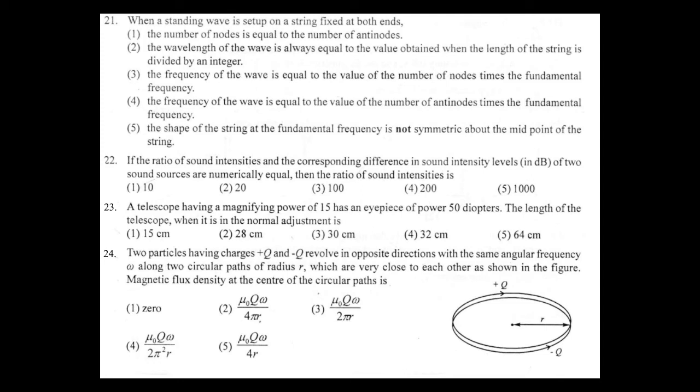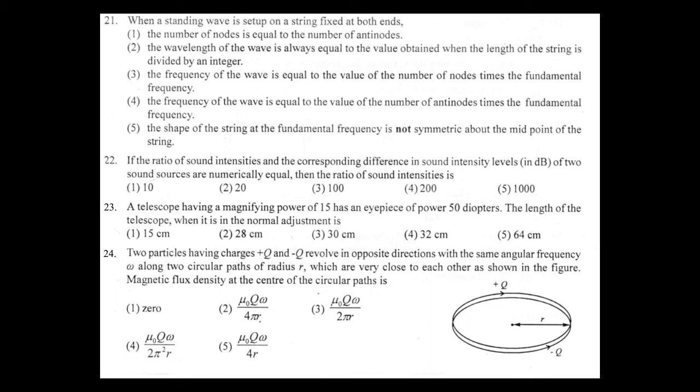Plus q charge is moving in the clockwise direction. To find the direction of the magnetic flux density, we can use the right hand grip rule.